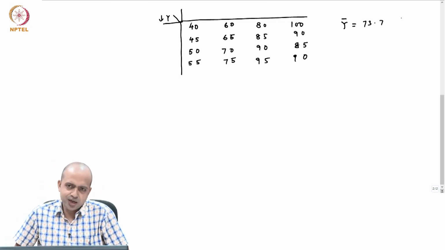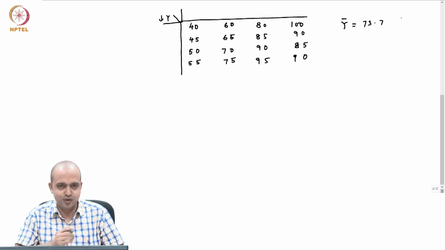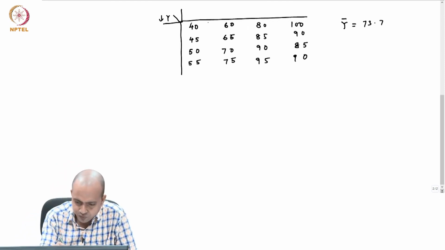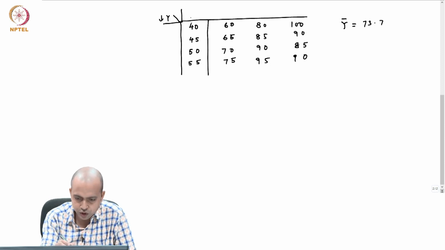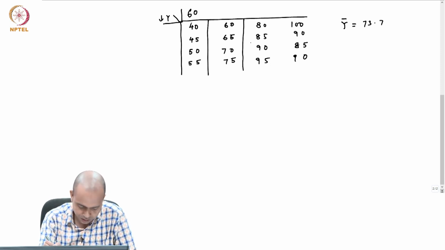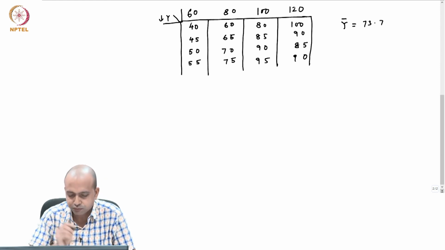Now, let us say that we know some additional information about these households, their weekly income as well. Let us assume that for this group of households, their weekly income is 60, this group has 80, this group has 100, and for this group it is 120.